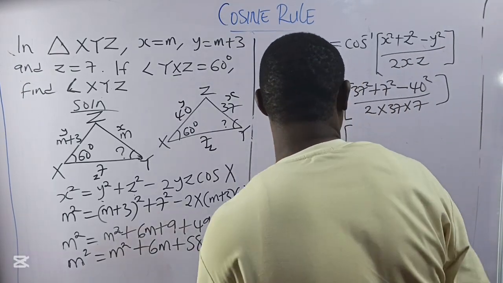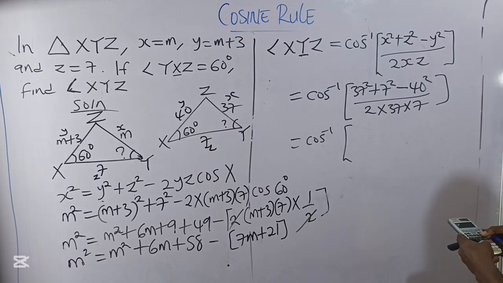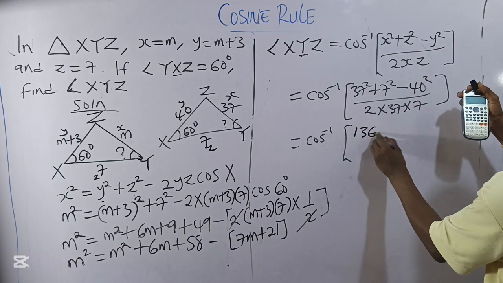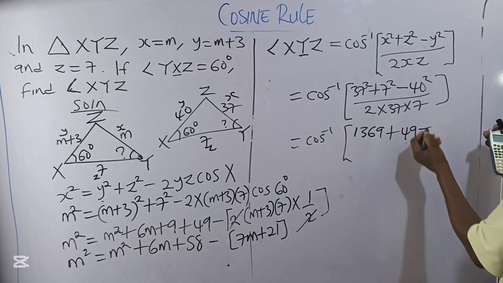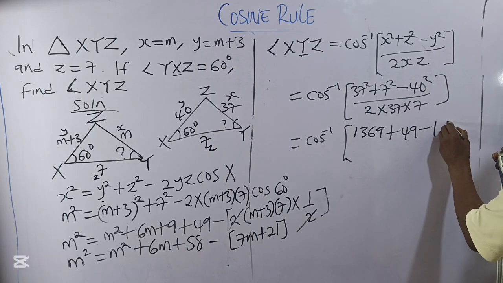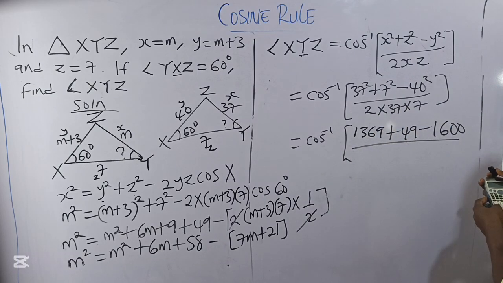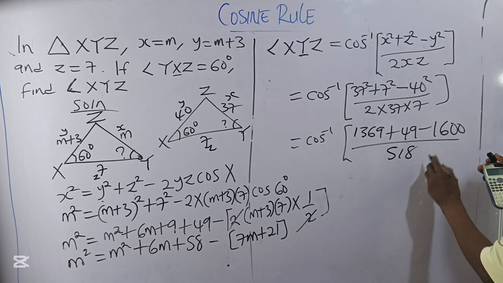I'll need my calculator here. 37 squared is 1369. 7 squared, 7 times 7, is 49. And 40 squared is 1,600. All over 2 times 7 is 14, and 14 times 37 gives me 518.